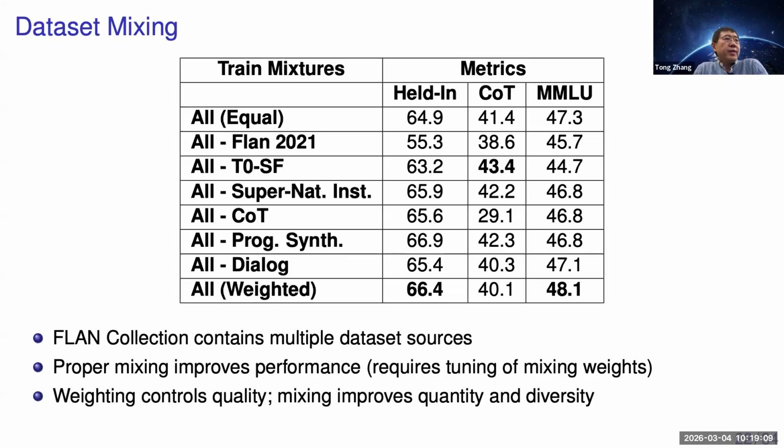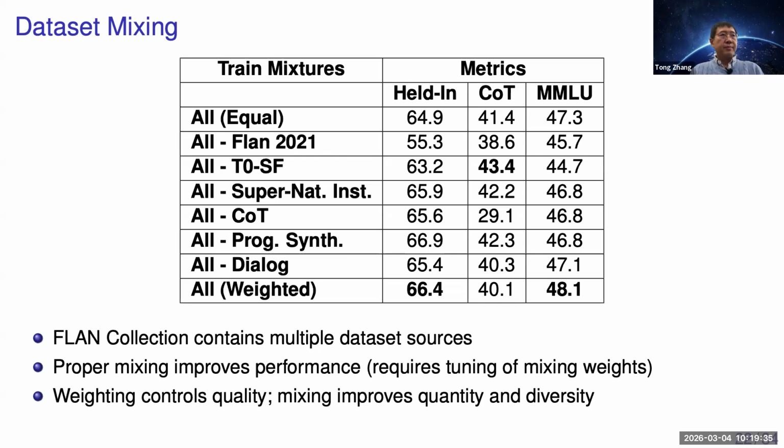Weighting controls quality, and basically the higher the weight the better, like Flan here, which clearly is more important. Mixing improves the quantity and the diversity. As long as you can do a better weighting, you can do better. Even if everybody gets the same data, weighting would make a difference.